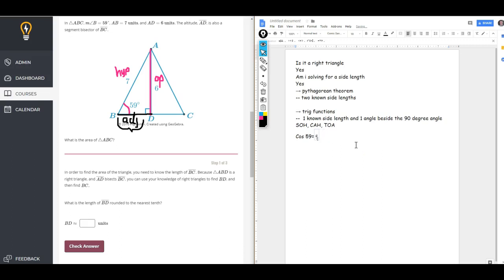So we have cosine of 59 degrees is equal to A divided by 7. So how can I solve for A? Well, if it's being divided by 7, I'm going to multiply both sides by 7. So I would take this, multiply it by 7, and I would take this whole side and multiply it by 7.